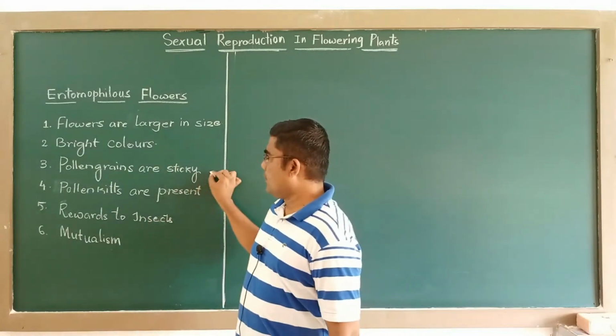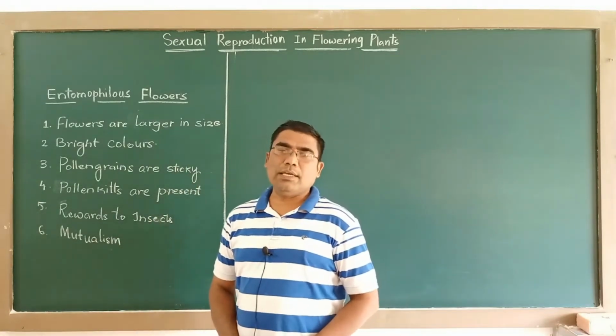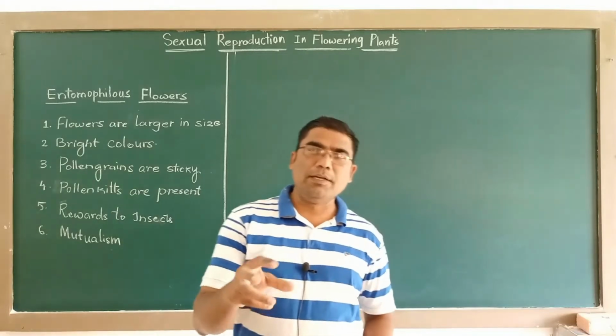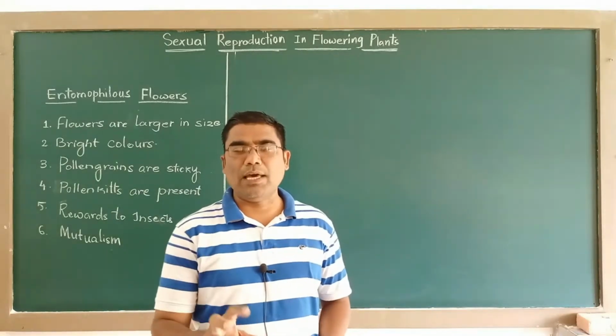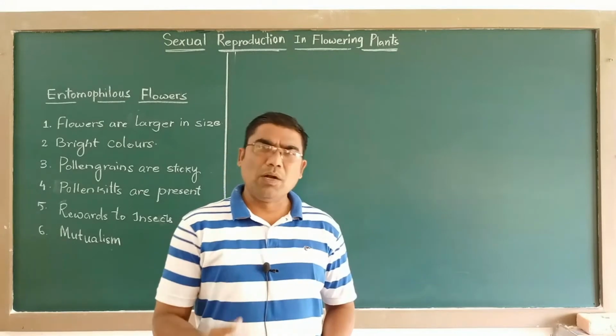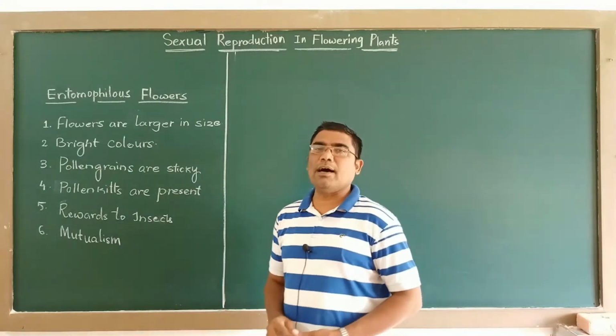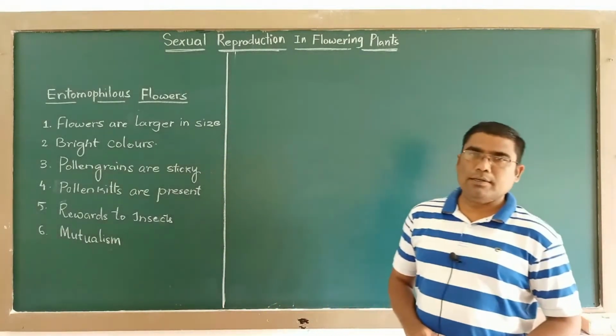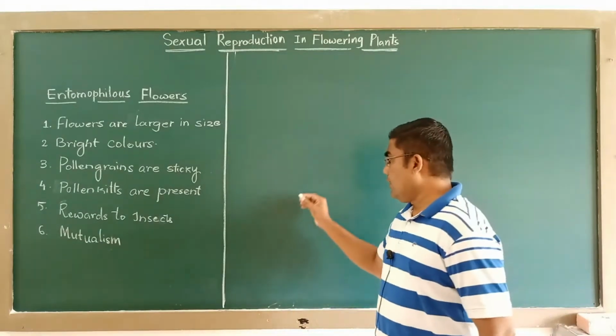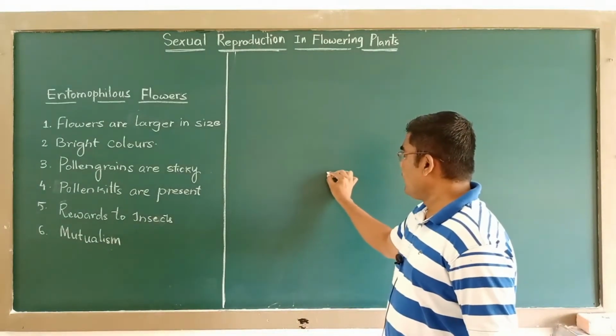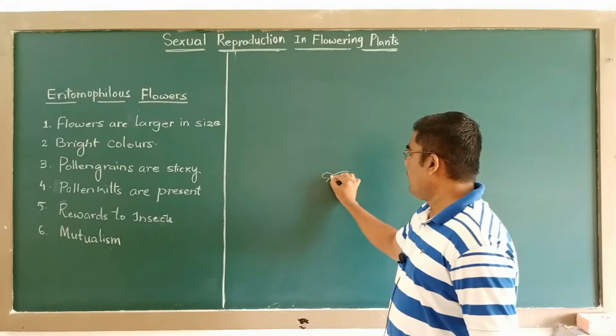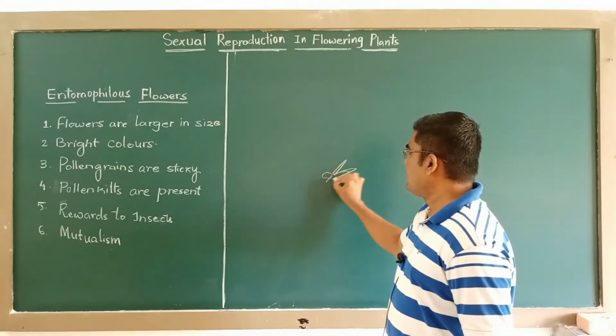Whereas next, when we observe, pollen grains are sticky. Entomophilous flowers produce pollen grains which are sticky in nature. What is the reason the pollen grains are sticky in nature? See, for example, say here we have a type of insect.